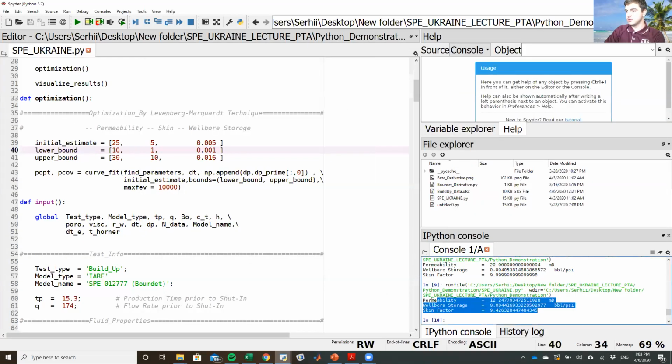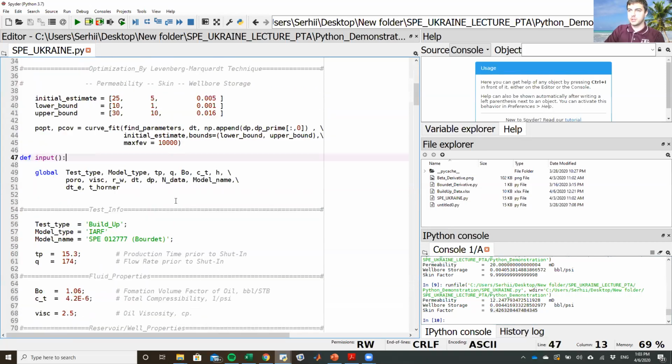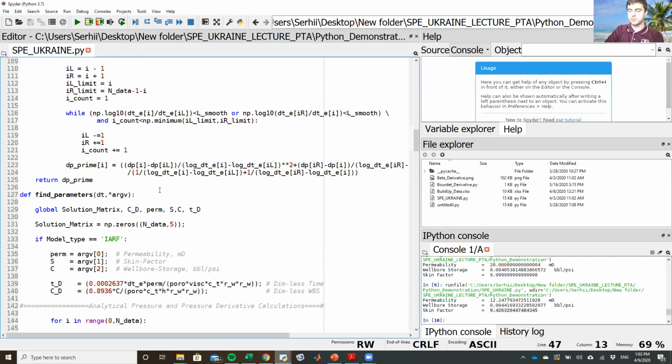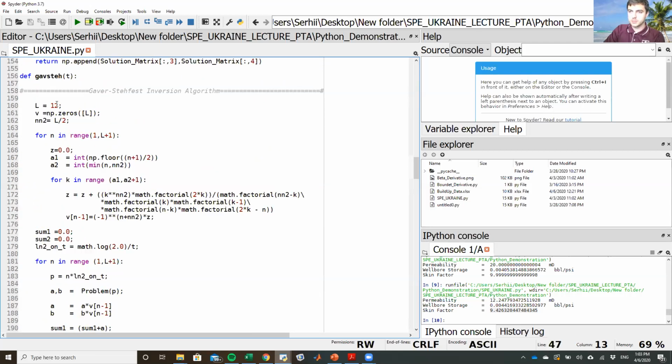As you can see on the right bottom, this is the match that we are getting. Essentially, permeability is 1224 millidarcy. This is our wellbore storage coefficient, as well as quite a high skin factor, 9.4. So this is how you can make your analysis, right? I just oversimplified it a little bit because it would be much harder to show some more complex problem.